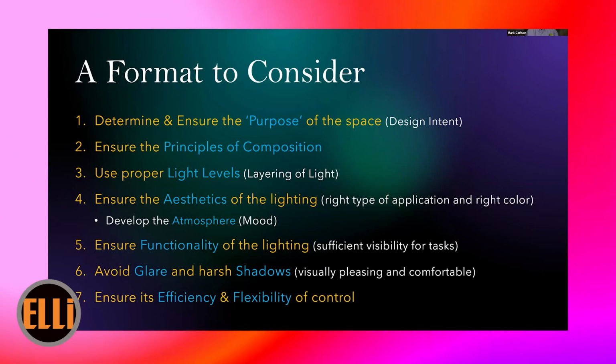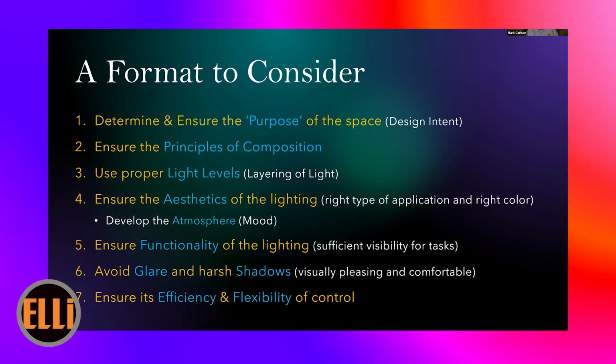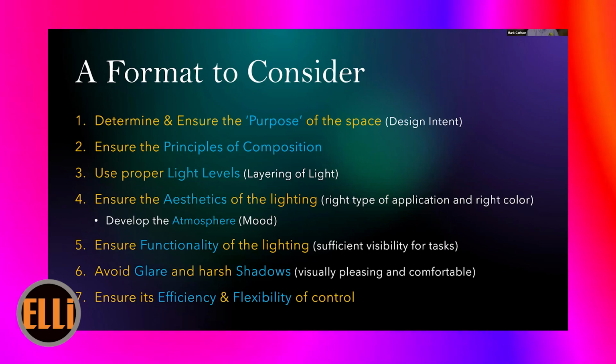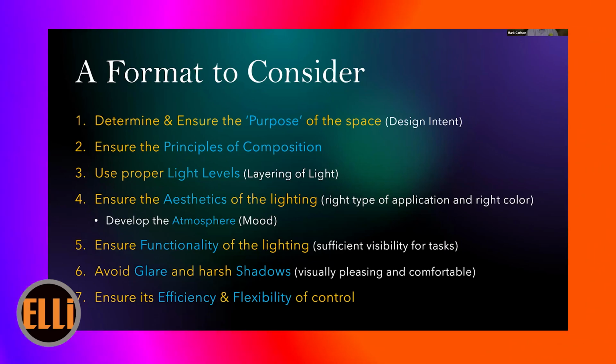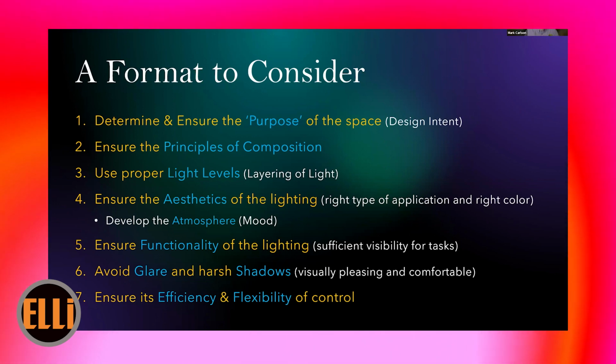Is it used by one person or maybe 2 people or a group of people? Is it geared towards socialization or entertainment activities? There's different ways to illuminate the space based on how it's going to be used. So that's what this purpose or this intent is. You always start there before you do anything else.